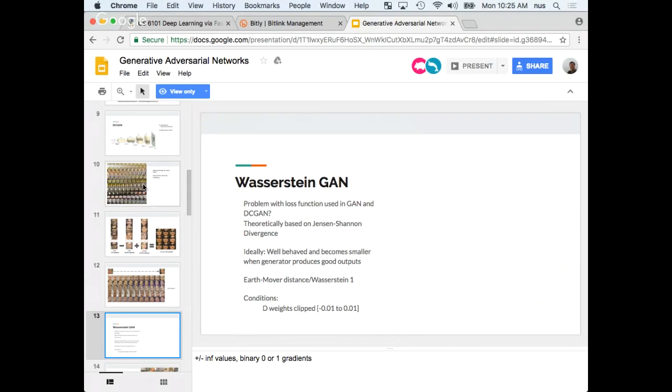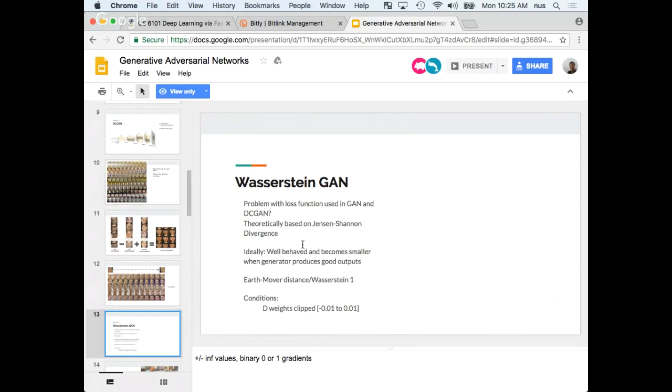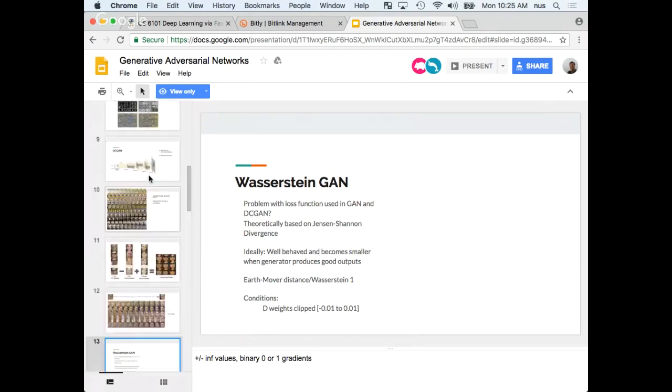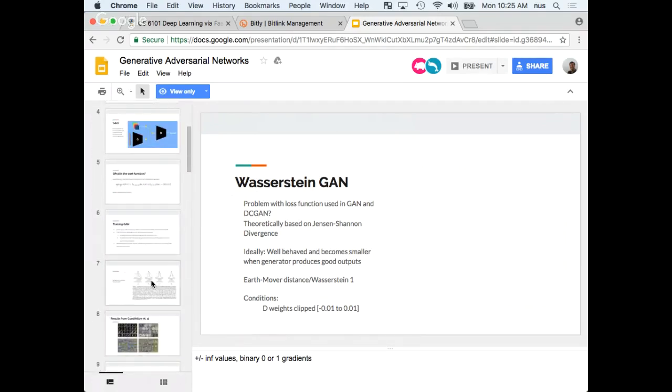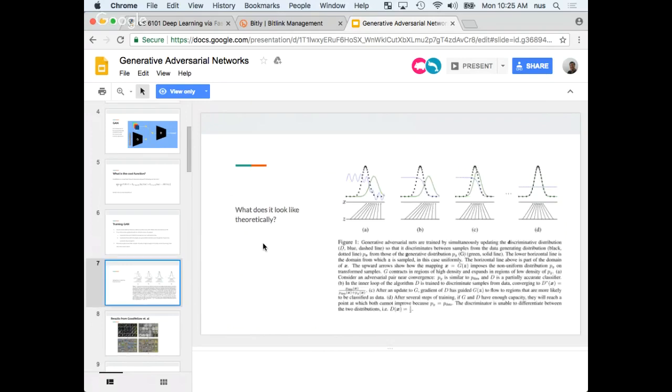So if I go back to this, the theoretical backing for the GAN paper is this concept called Jensen-Shannon divergence. The way these divergences and distance measures work is you have these two distributions, and what you're trying to do is to test how much they overlap exactly.